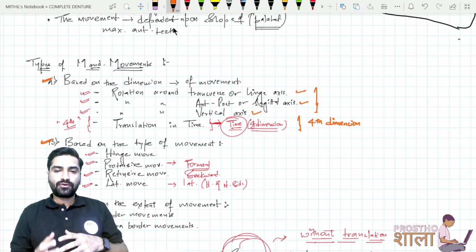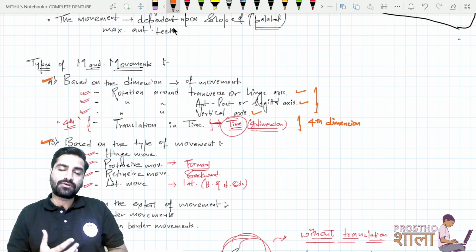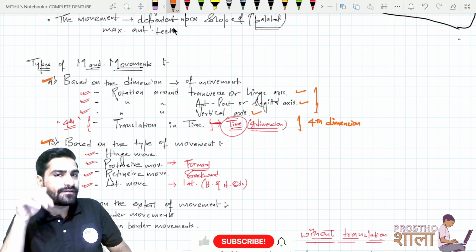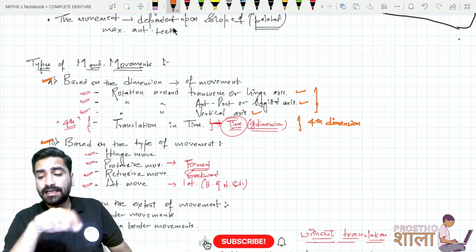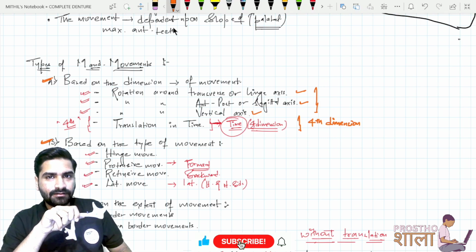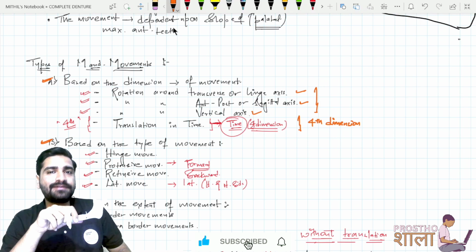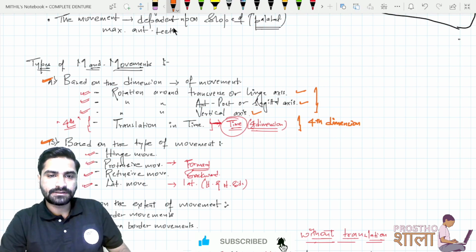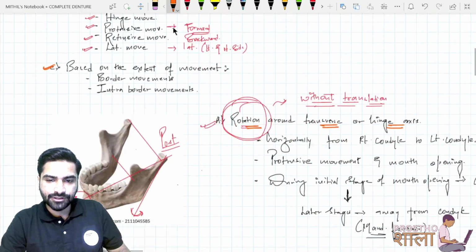And that is also considered when we are discussing the mandibular movements. Every person will have a different anatomy of glenoid fossa. Every person will have a differently structured mandible. Okay, all the people have some or the other variations. That is why it is important to study the dimensions individually, right?